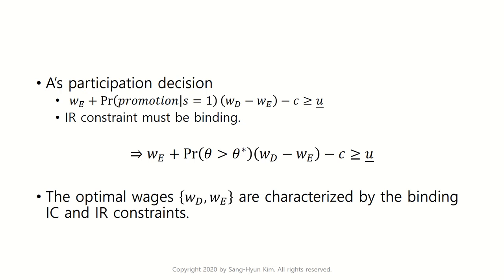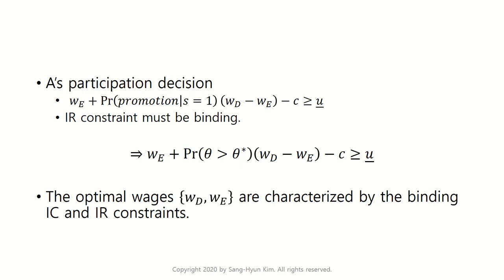So the participation constraint looks like this. The expected utility when making an investment is written on the left hand side. WE is the baseline wage. So WE plus the probability that you are promoted when you are skilled times WD minus WE, which is the additional wage, minus C is greater than the reservation utility U bar.